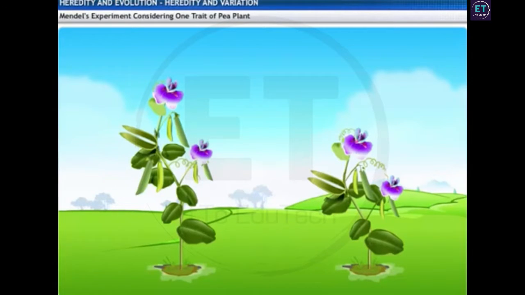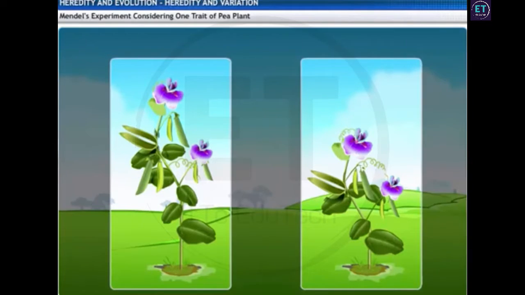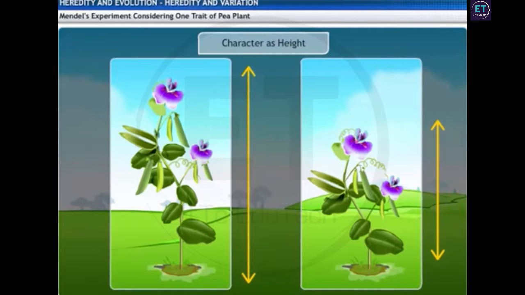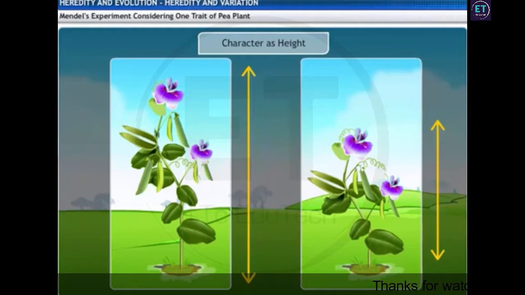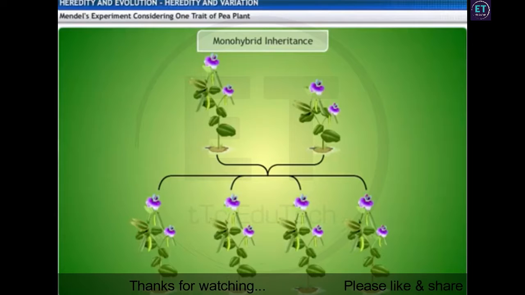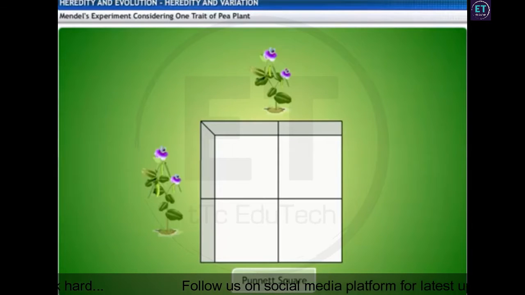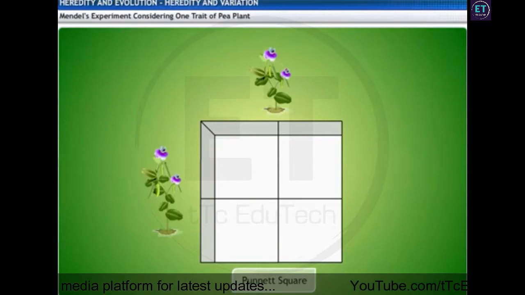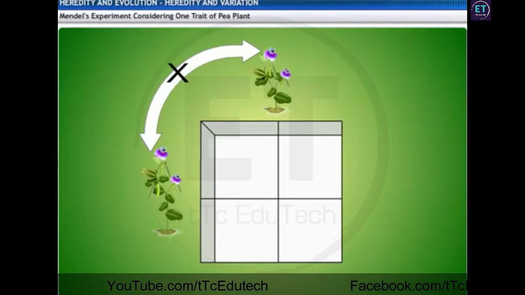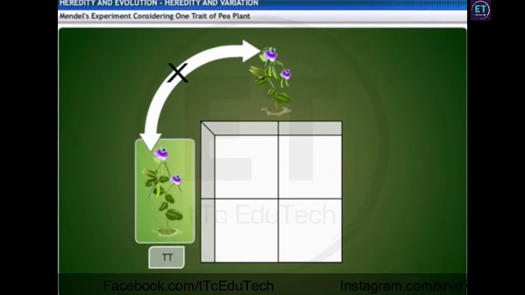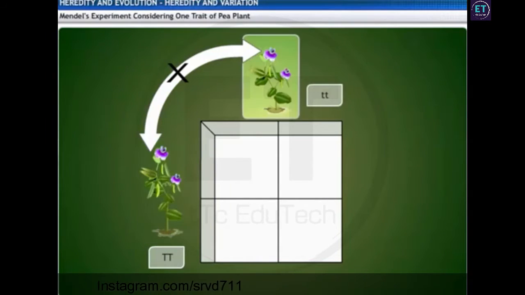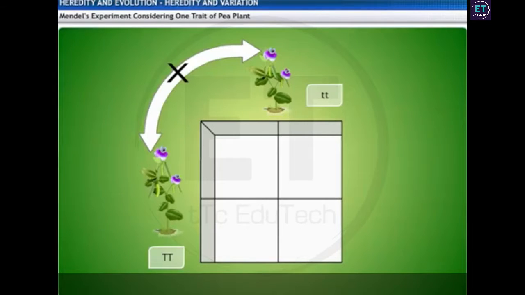Well, let me explain this through Mendel's experiment, in which inheritance of only one character, for instance the height of the pea plant, is considered. Such inheritance pattern is referred to as monohybrid inheritance. The Punnett Square shows a cross between parental tall TT and dwarf tt plants.